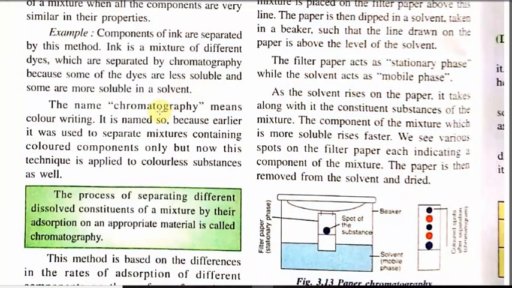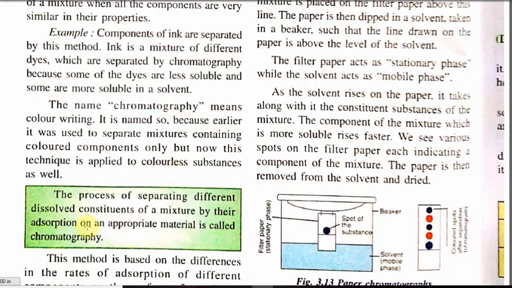Now chromatography means color writing. It is named so because in earlier days it was used for a different purpose. It was used to separate the color components, but nowadays we can also separate colorless substances.